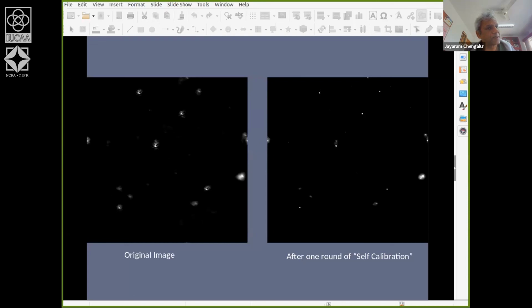You only have access to a sampled version of it. Deconvolution is correcting for that. Self-calibration is correcting for the fact that your rays have propagated through the ionosphere and have therefore acquired extra phases, because the ionosphere's refractive index is not unity. You don't know what that extra phase is, but it turns out that you don't need to know, you can still correct for it.